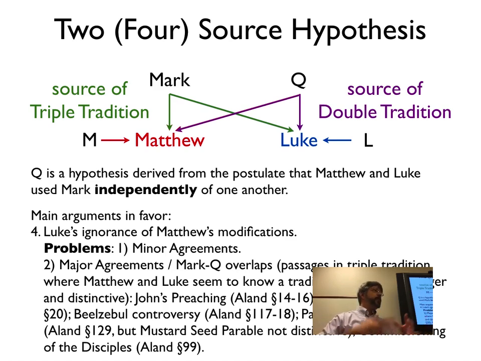And so they went through and pared it down to only the most egregious. And so you can see the 6 passages or so up here that are identified as Mark-Q overlaps. And that's how they explain that Matthew and Luke seem to know the same tradition of a Markan passage that's very different. Does that make sense?